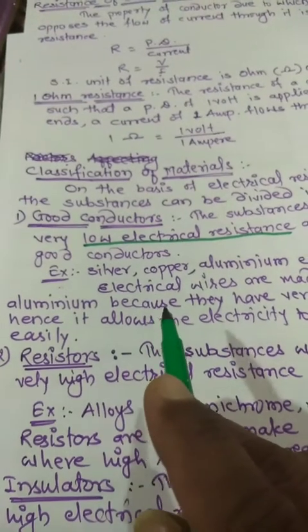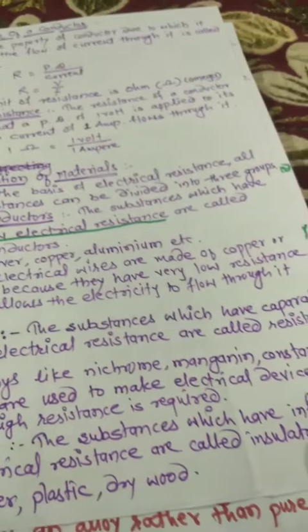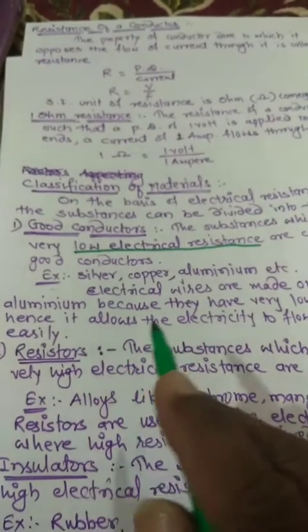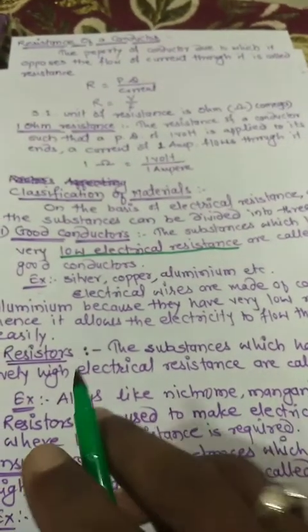The reason is that they have very low resistance, hence they allow electricity to flow through them easily.